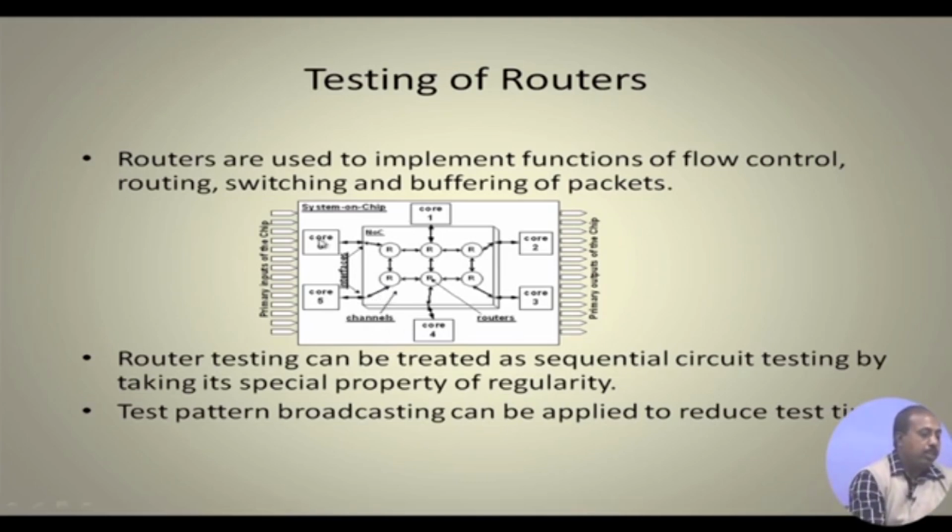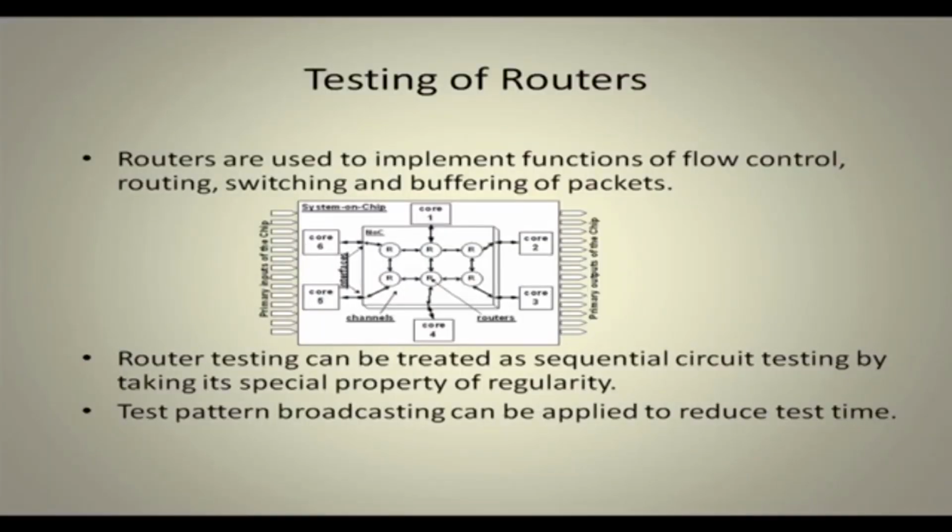We have also seen how to test the cores, because core test patterns are provided by the vendors, and by a test scheduling approach we can apply those test patterns to the cores. What remains to be seen is how to test these routers. Router testing is difficult, because it can be treated as sequential circuit testing by taking its property of regularity. All these routers are similar in their structure, which is one good thing.